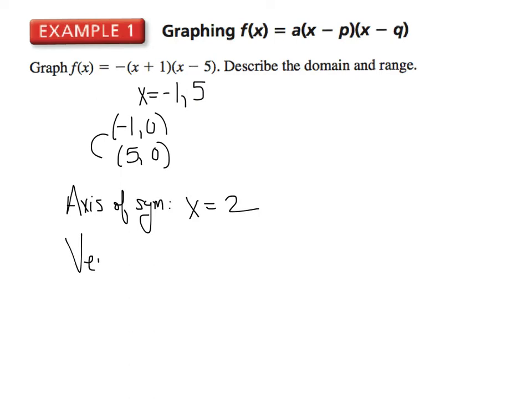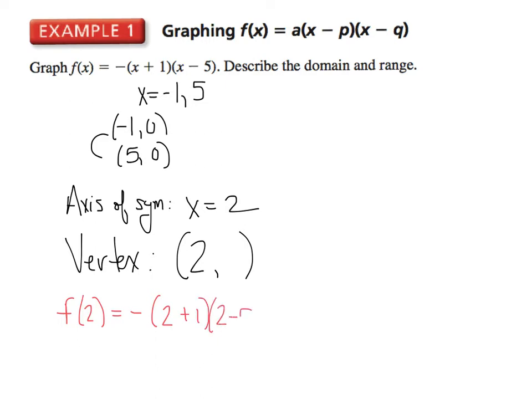Now to find the vertex, we know 2 is the first value, but now we need to find y. So we plug the 2 into our equation: negative times (2 plus 1) times (2 minus 5).